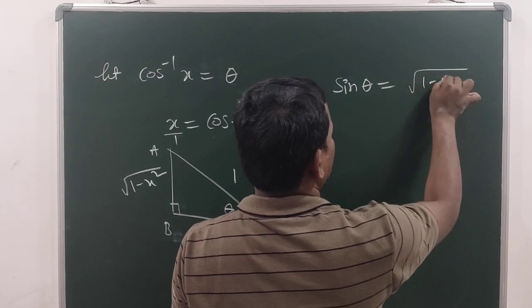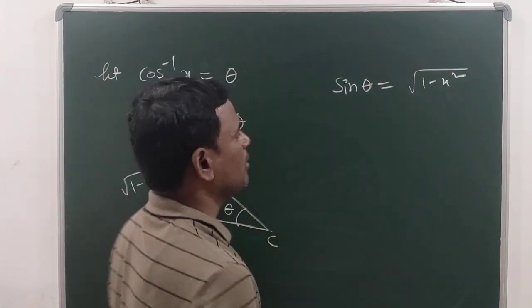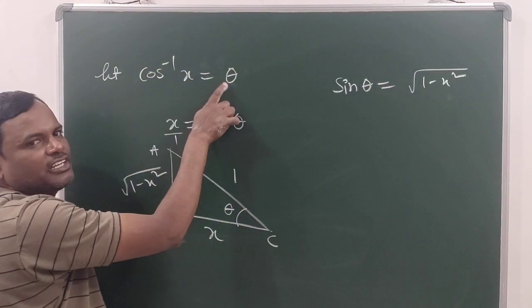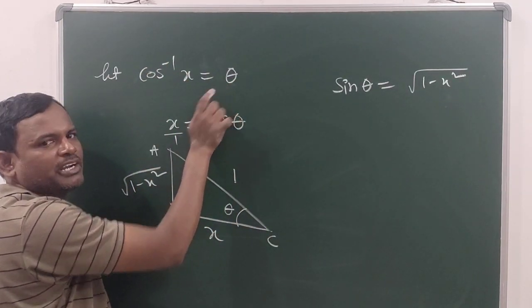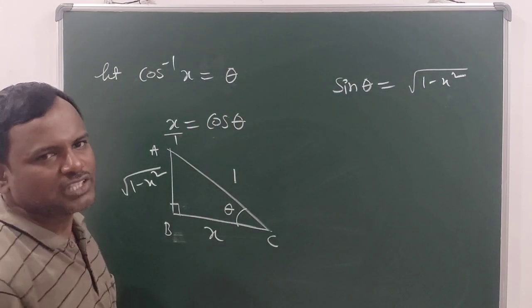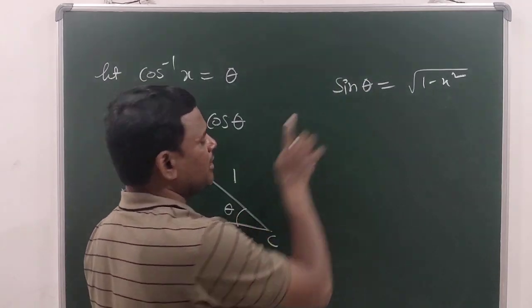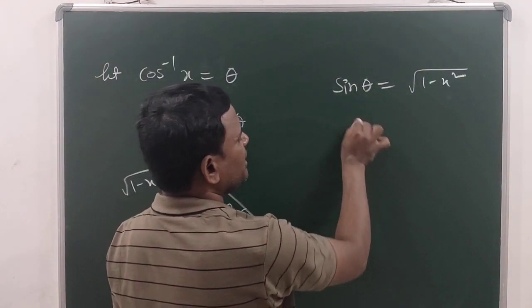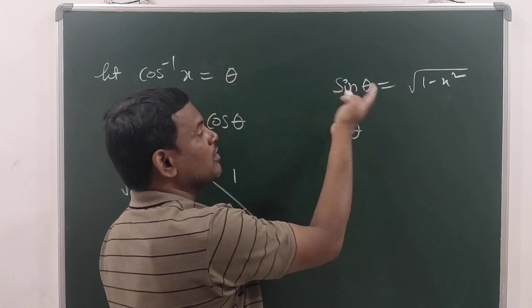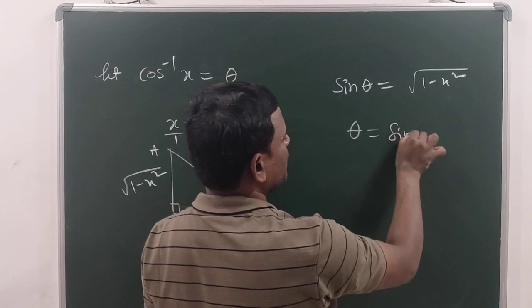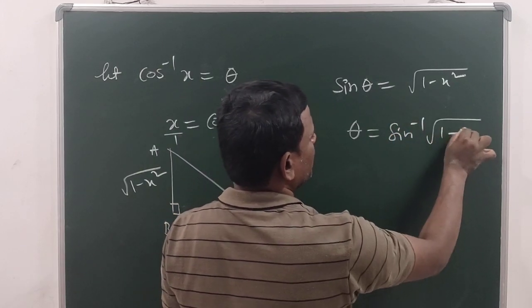Root of 1 minus x square. Now we want here theta because we assumed this value as theta. So here we have to determine theta, but that should be in terms of sine. So for that I defined here sine theta. Now here I want only theta. So what you have to do? Transfer sine to the right side so that here you will get sine inverse of root of 1 minus x square.